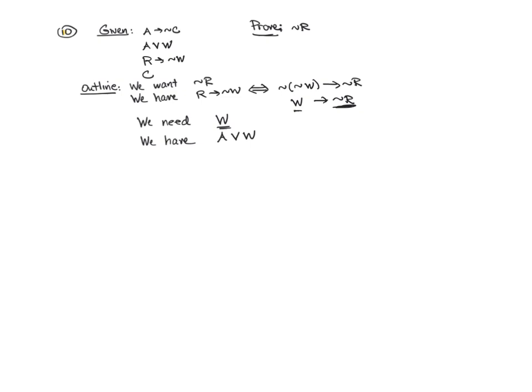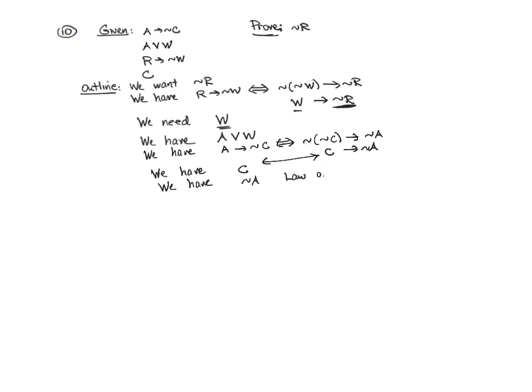In order to get W, I need not A. We do not have not A, but we do have if A, then not C. So in order to get the not A from here, we could find its contrapositive and get if not C, then not A, which is logically equivalent to if C, then not A. But notice we also have C. So with these two, using the law of detachment, we get our not A by law of detachment. So I think we've exhausted all of our given. We used all of it.